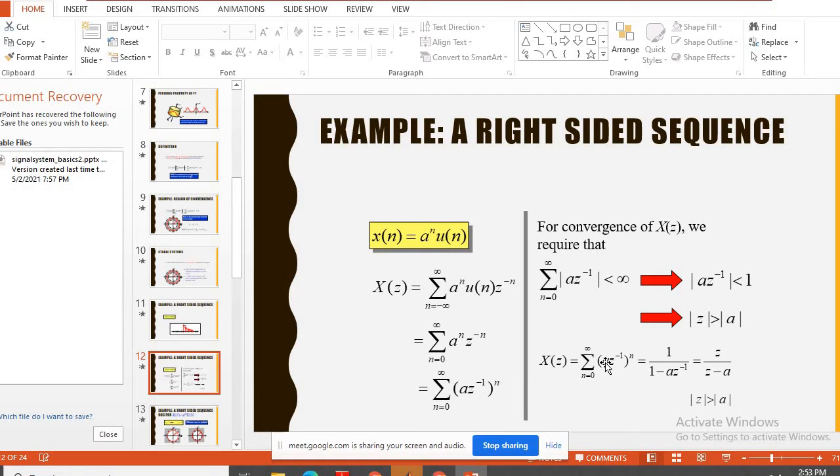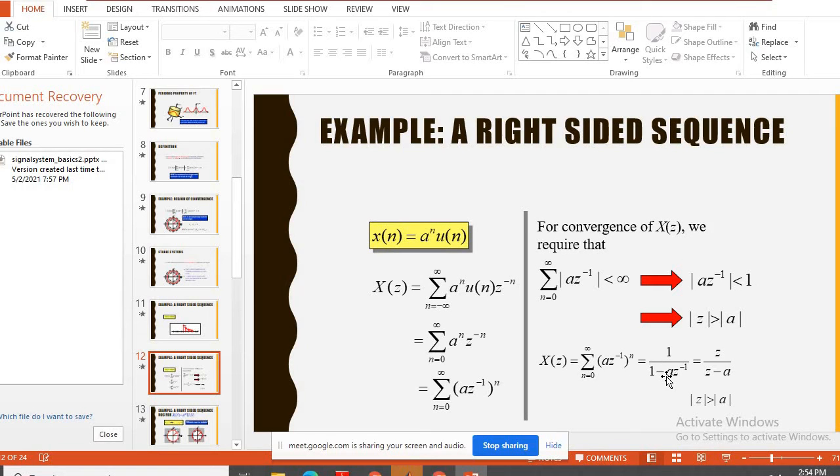So we will use the summation formula like this. Alpha is a into z raised to minus 1. So therefore 1 upon 1 minus a into z raised to minus 1. This z raised to minus 1 means a upon z. So the denominator is becoming 1 minus a upon z.